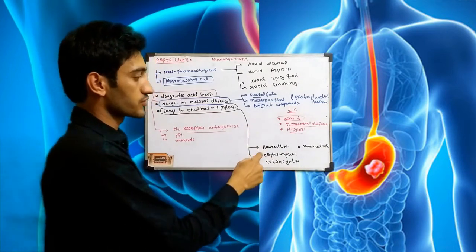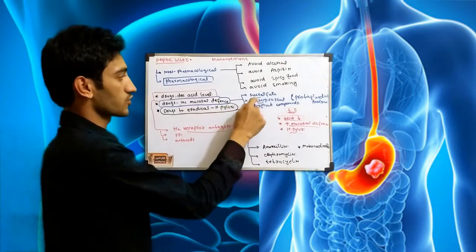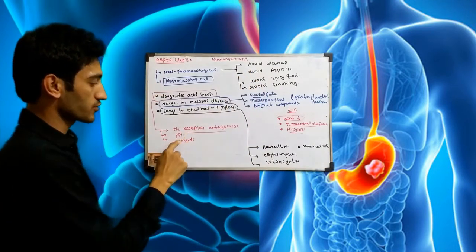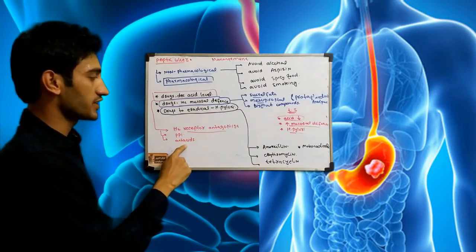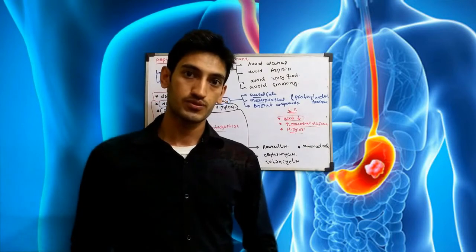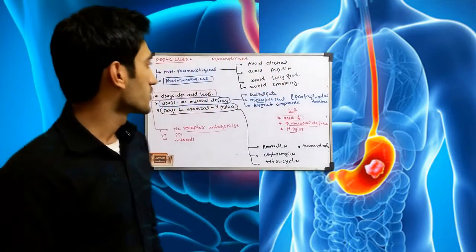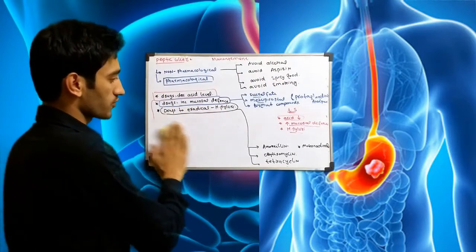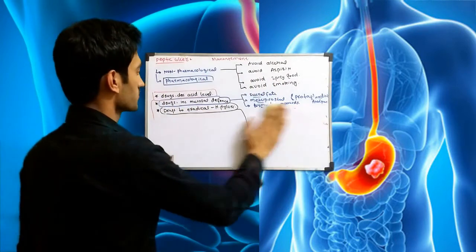Now we will talk about each group of drugs, like the H2 receptor antagonist, proton pump inhibitor, antacids, and the mechanism of these groups. So now we will talk about each drug which helps in the treatment of peptic ulcer.